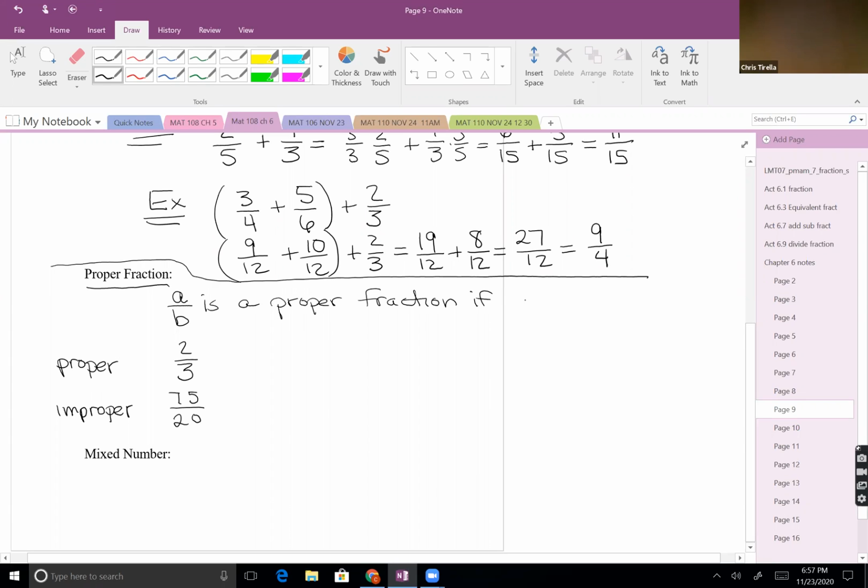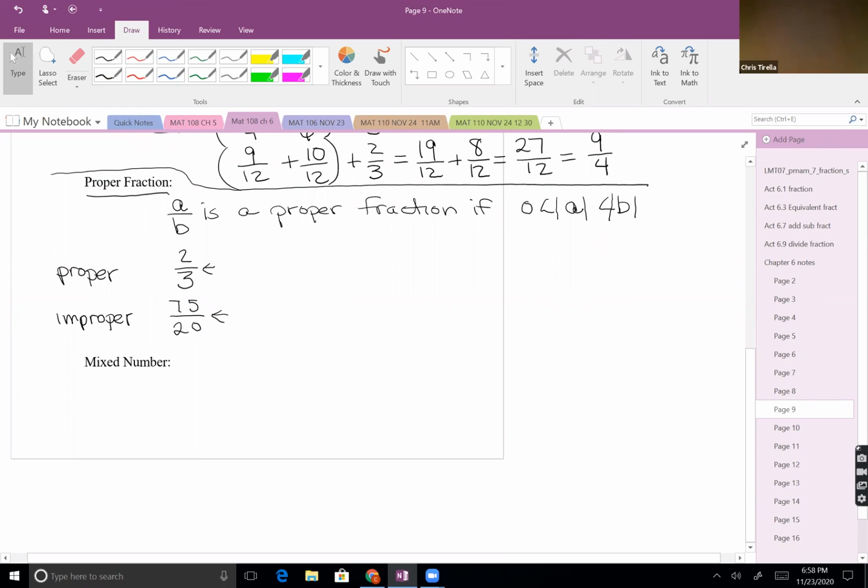A fraction is proper if 0 is less than A is less than B. But we're going to get a little bit technical because we had allowed for the possibility of signed numbers here. So we'll say 0 is less than the absolute value of A, which would have to be less than the absolute value of B. And so this is proper, and this one is improper.